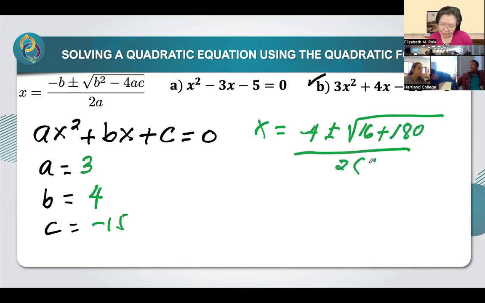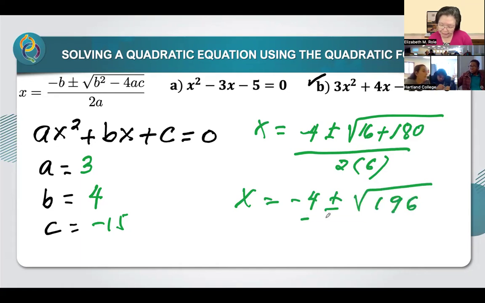Then 2 times 3 is 6. So therefore, you now have x equal to negative 4 plus or minus the square root of 196 over 2 times 3. Sorry, I immediately multiplied.